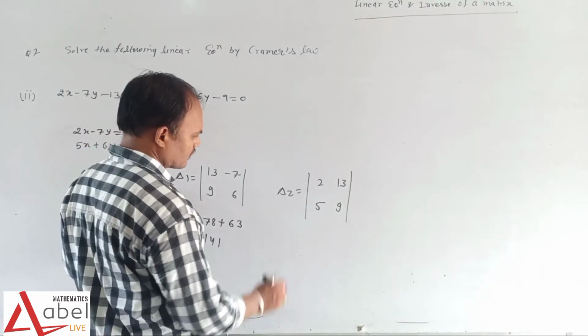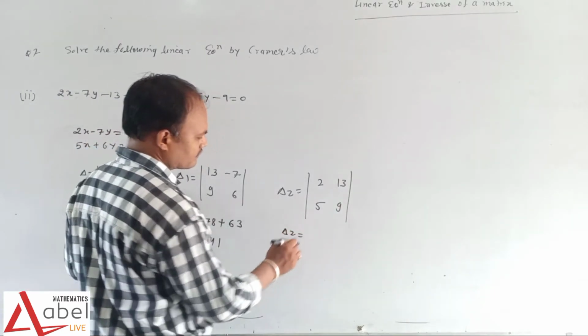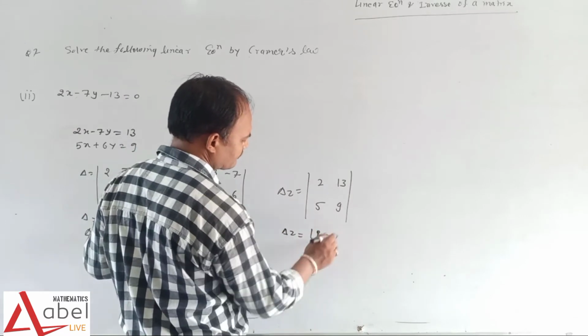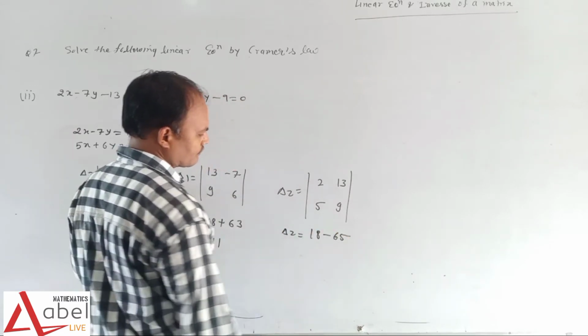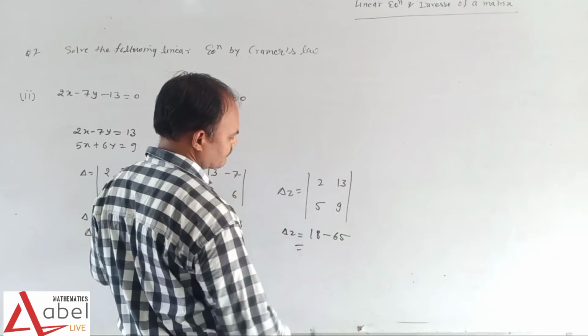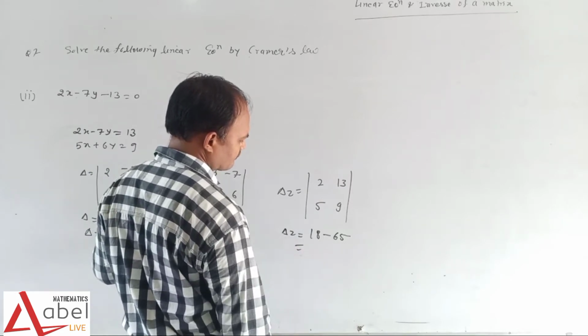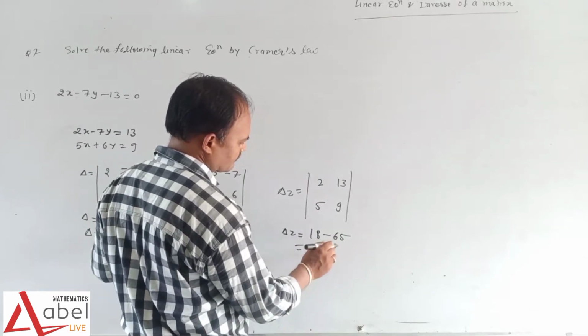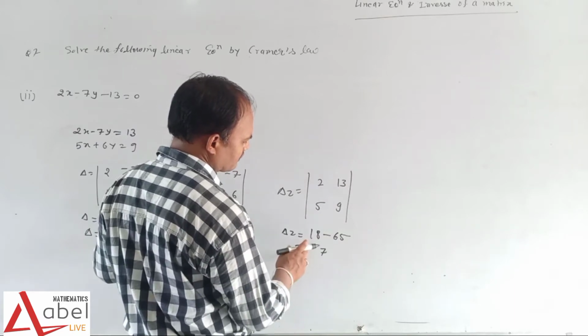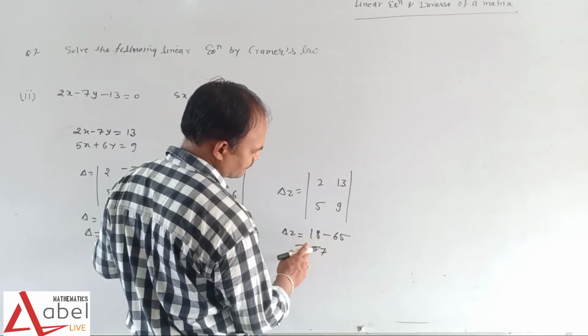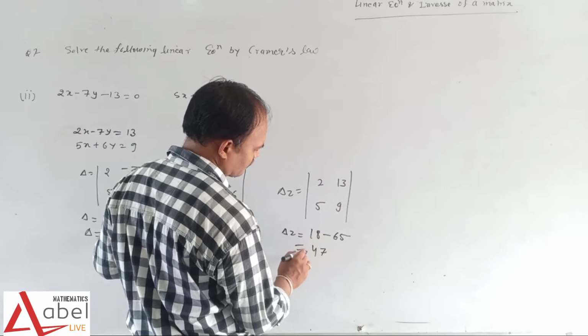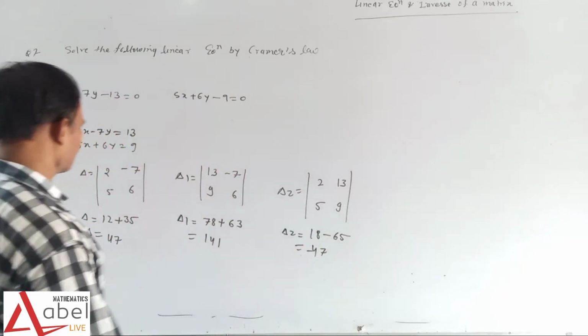What about delta 2? Delta 2 is 18 minus 65, so it is minus 47.